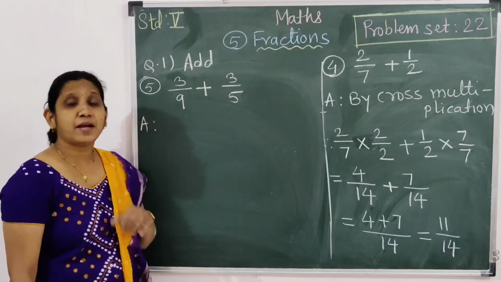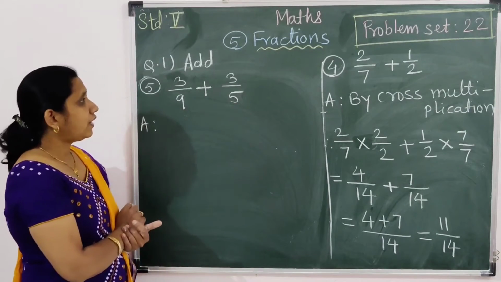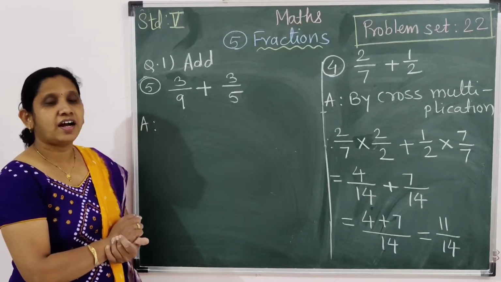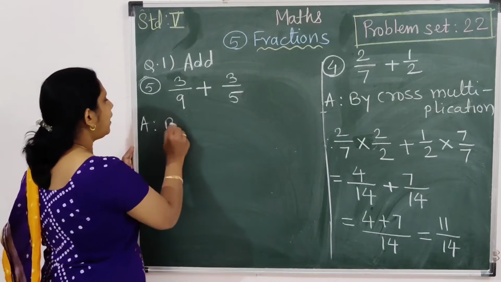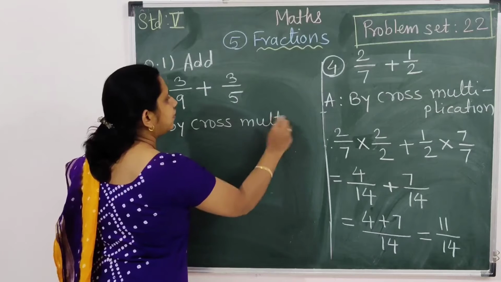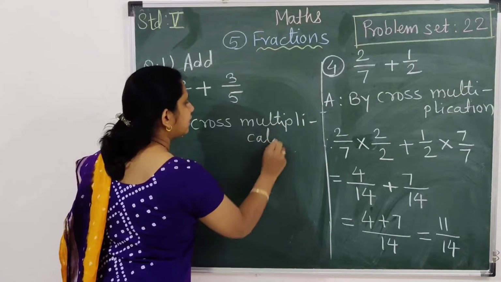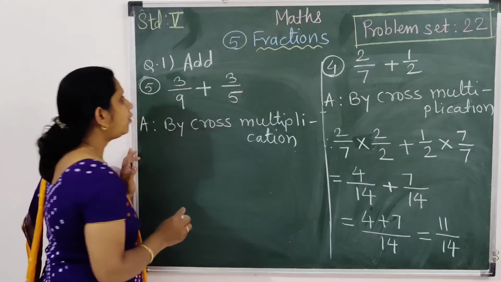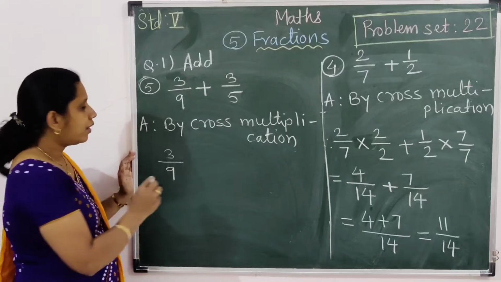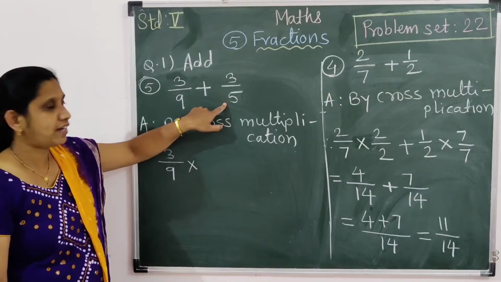Students, let's see the fifth example. Here also look at the denominators. None of the numbers is a multiple of the other. Again the same method, by cross multiplication. Now let us write the first fraction 3 upon 9 multiplied by the denominator of the second fraction.